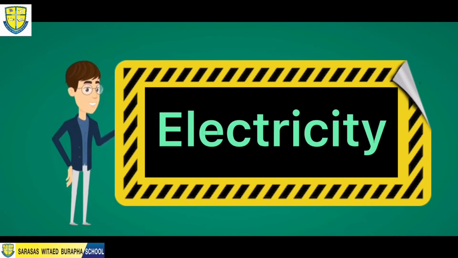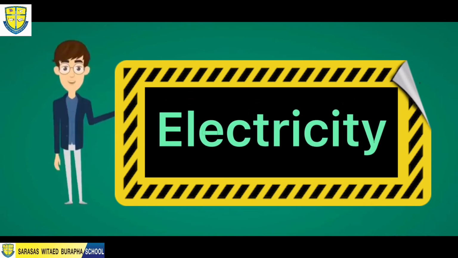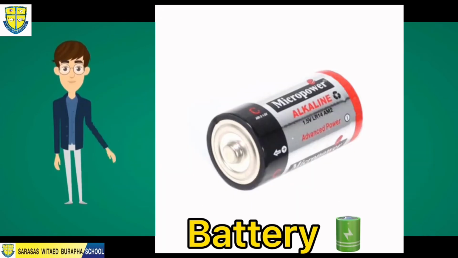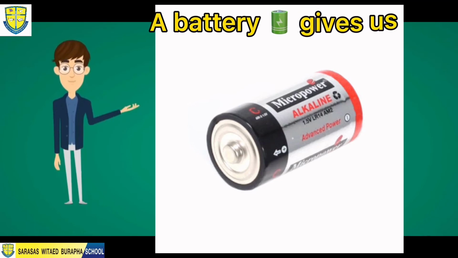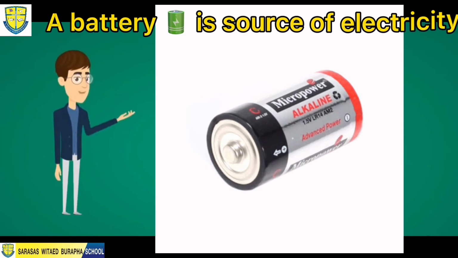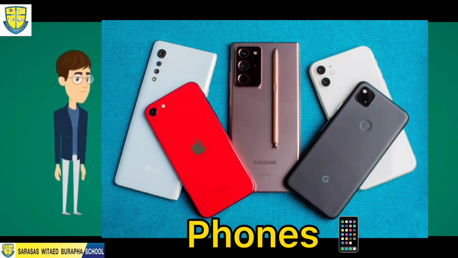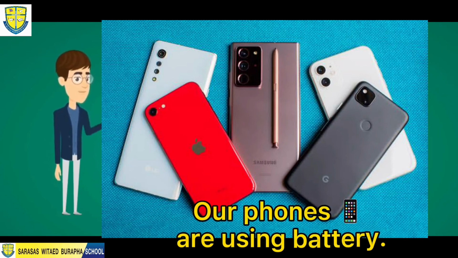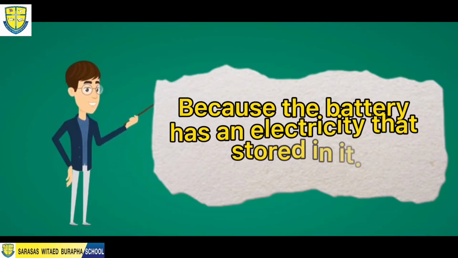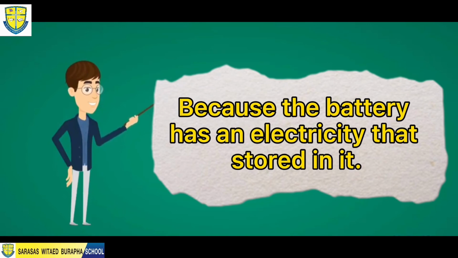And lastly, we have electricity. For example, a battery. A battery gives us electricity. A battery is a source of electricity. Just like our phones. Our phones are using battery. We can use our phones because the battery has electricity stored in it.